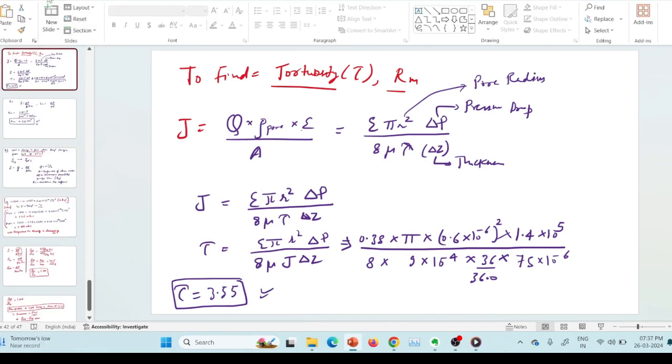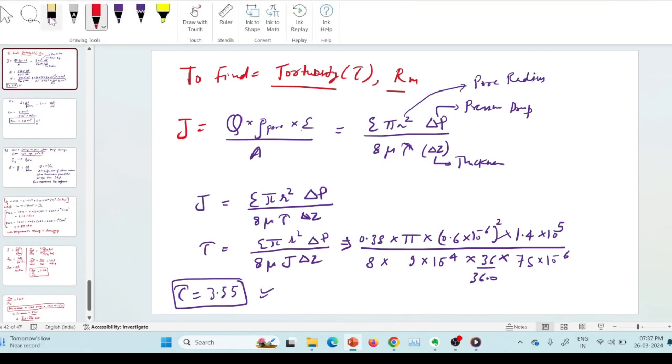The formula is like this: the pi is not here. Epsilon r square delta P divided by 8 mu tau delta Z. So that pi we have to remove, this pi also and this pi also, and then if we solve it, let's check.